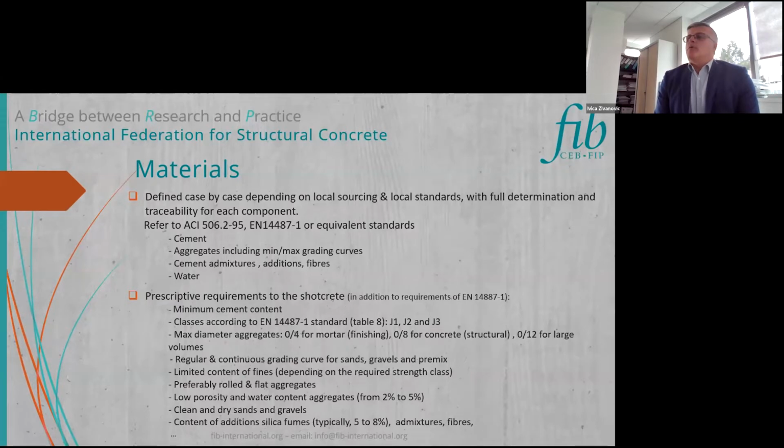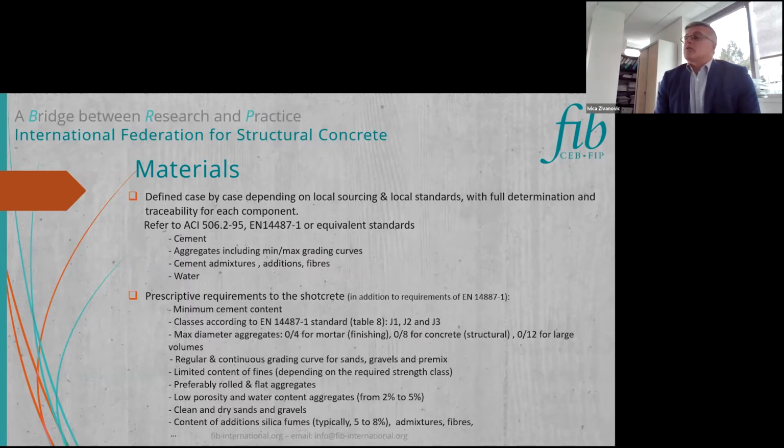There are some prescriptive requirements for the shotcrete in complement to the requirements of the European standard, for example, the minimum cement content.